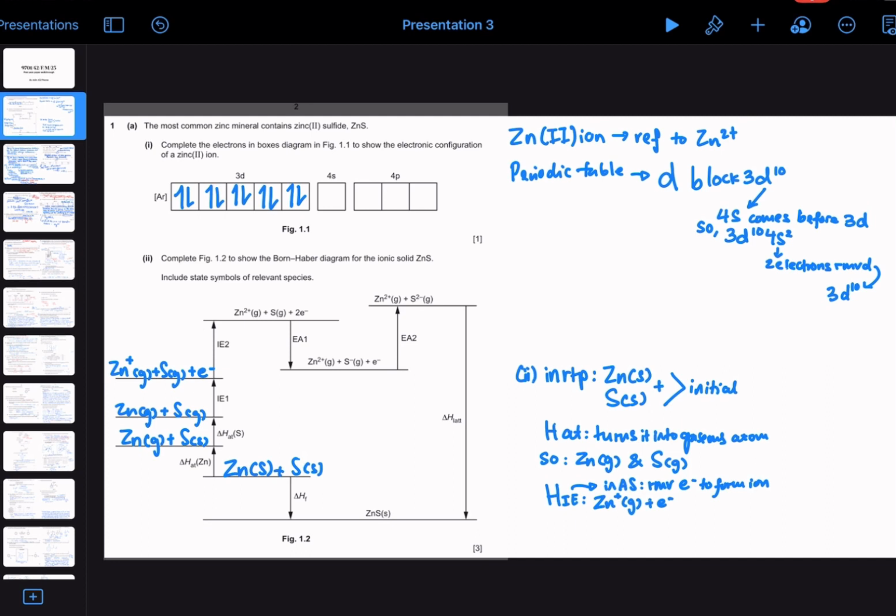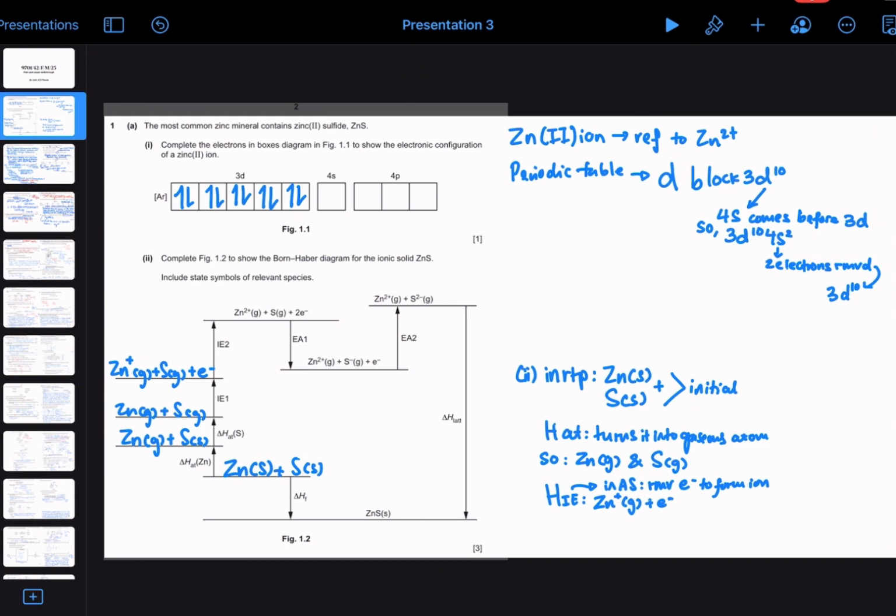Alright, so again, zinc 2 ion essentially refers to zinc 2 plus, and if we take a look at the periodic table, it falls under the D block section. There is a shortcut as it's right in the middle, so that would be D block. Then you can count the order from 1 to 10 and it falls under 10. So it's 3d10.